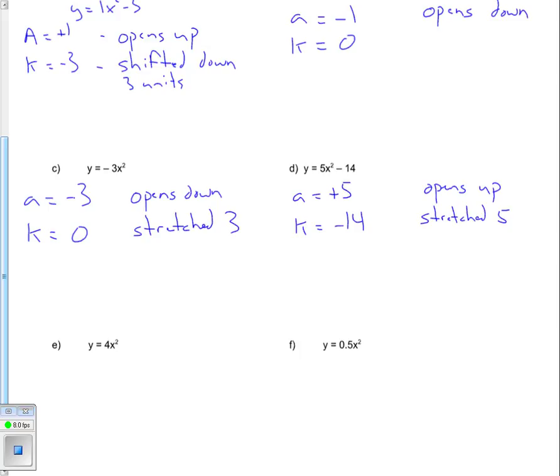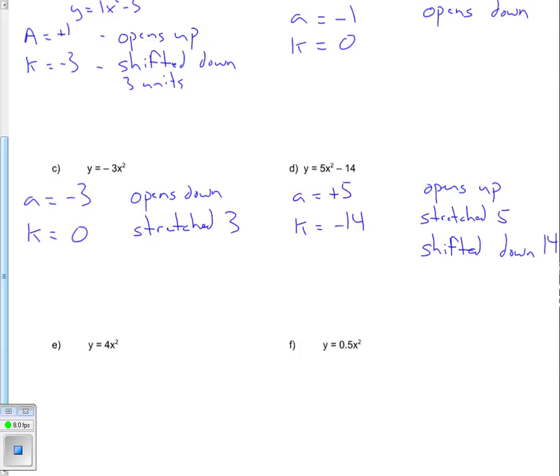And the k value is negative 14, so it's shifted down 14 units. It's a terrible way to spell the word down.